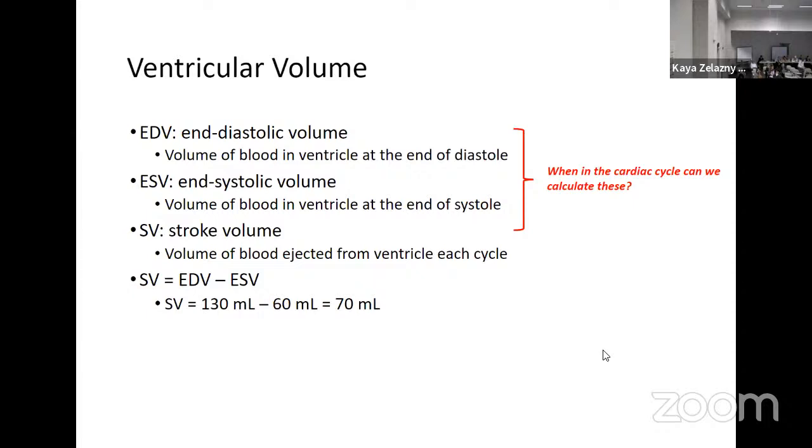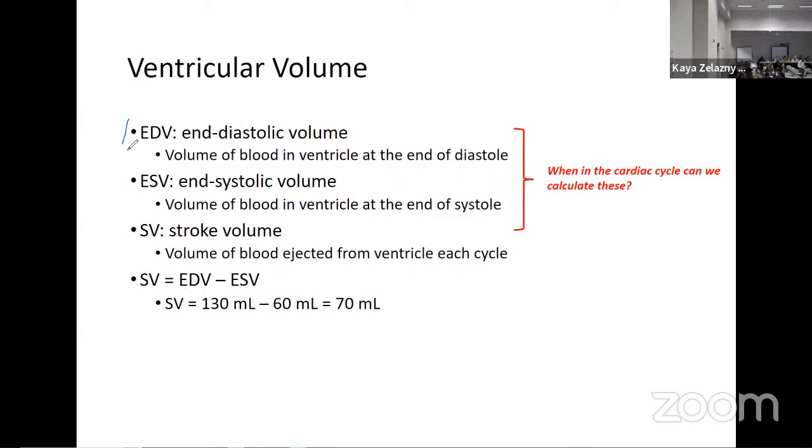So when we are thinking about how much blood is in your circulatory system, how much blood is getting to your organs, we may want to think about how much blood is in the ventricles during certain parts of our cardiac cycle. Okay. So we have a couple of terms to define here.